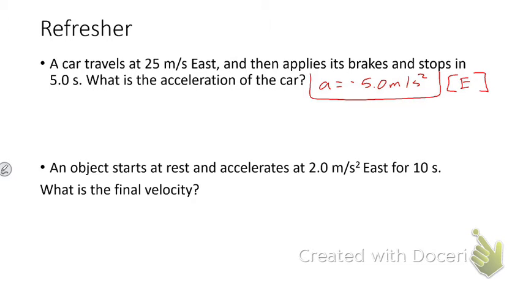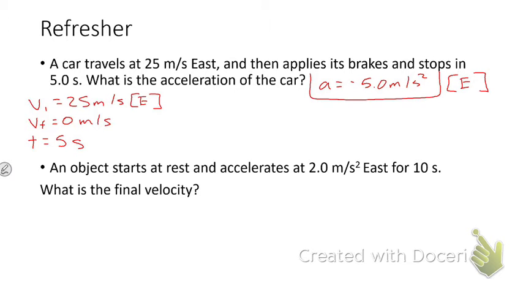So, we know a car is traveling at 25 meters per second east, and then it applies the brakes and stops. So my initial velocity is 25 meters per second east. It applies the brakes and stops, so if it's stopping, my final velocity is 0 meters per second, and my time is 5 seconds.